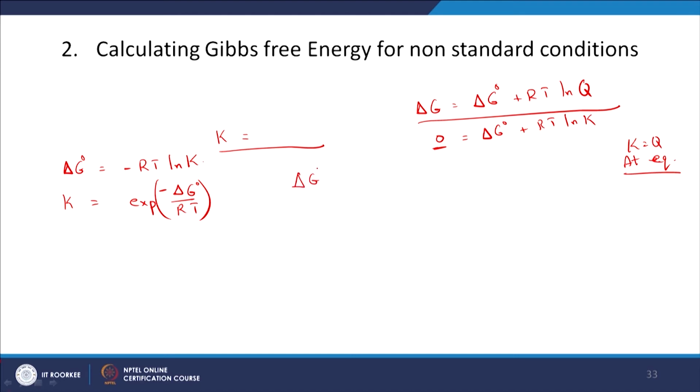Delta G naught is obviously equal to the change in enthalpy and change in entropy, the relevant equation here. So let us try to plug that in here.